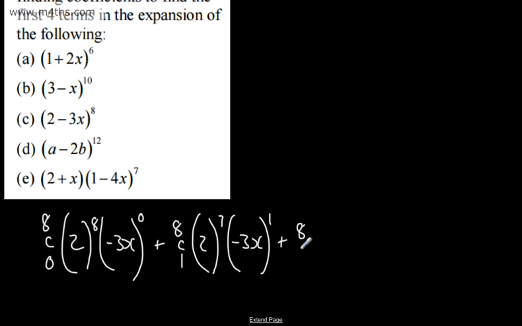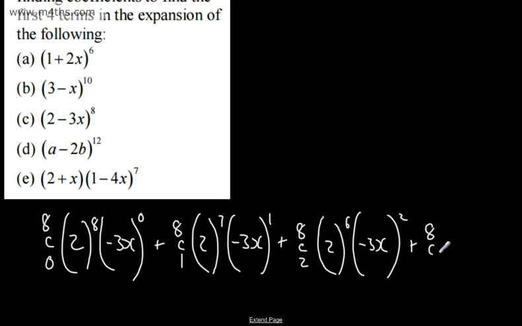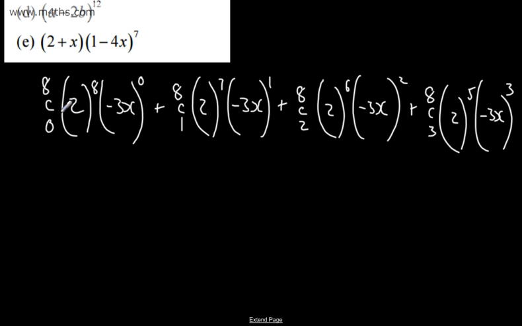So plus 8c2, then we're going to do 2 to the power of 6, we'll do negative 3x, which we need to square, plus 8c3, we've got now 2 to the 5th, and we've got negative 3x, which we need to cube. So hopefully now you see that 8c0 is going to be 1. 2 to the power of 8 is 256, and then we're going to have just 1.